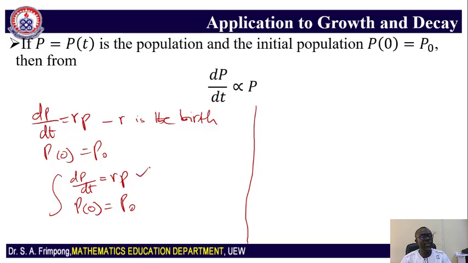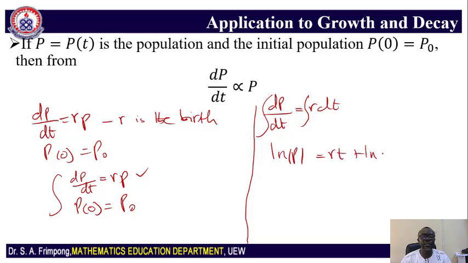And this equation here is separable. So we are going to have dP/P equal to R dt. If you integrate both sides, you're going to have ln P equal to Rt plus ln C. So we are going to have P equal to C e raised to the power Rt.